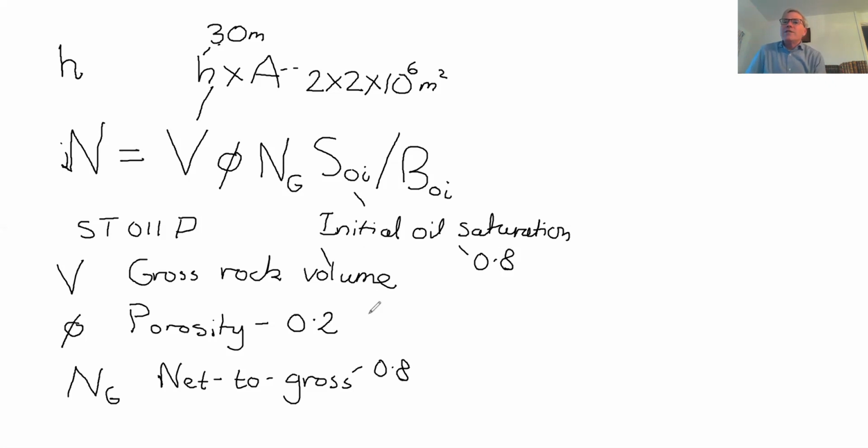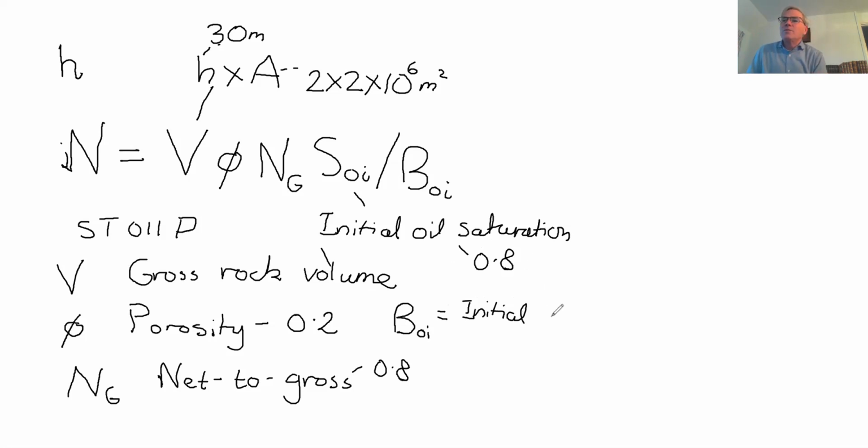So BO, it's a rather odd symbol, and I don't know where that comes from, is the initial. I stands for initial. It's what there is when you first discover the field. When you start doing things with the field and trying to produce the oil, these numbers will change for reasons I'm about to describe, but this is what we have to do.